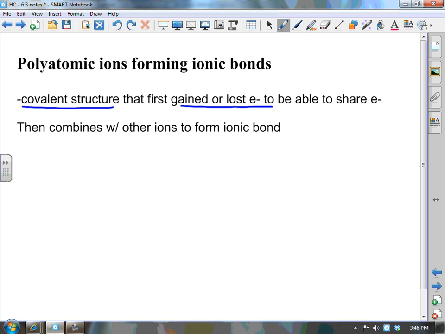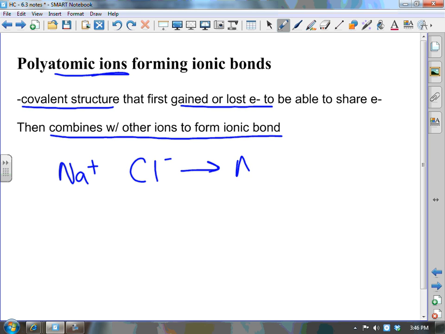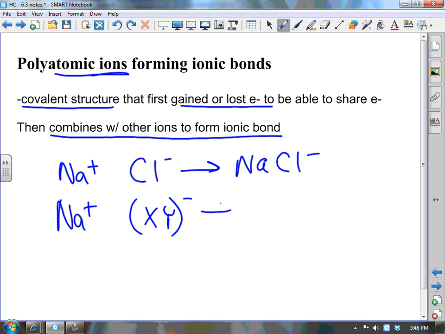Now what happens is that polyatomic ion then combines with other ions to form an ionic bond. We are used to a sodium atom bonding with a chlorine atom to make NaCl. Now maybe a sodium doesn't bond to a chlorine, but to a multiple-atom ion that's negatively charged.